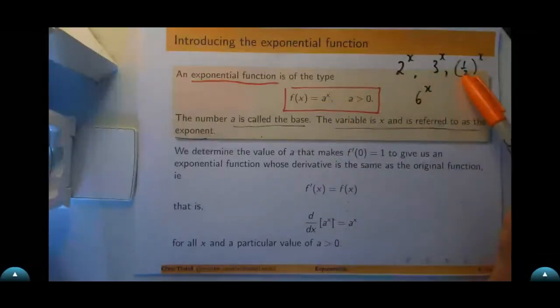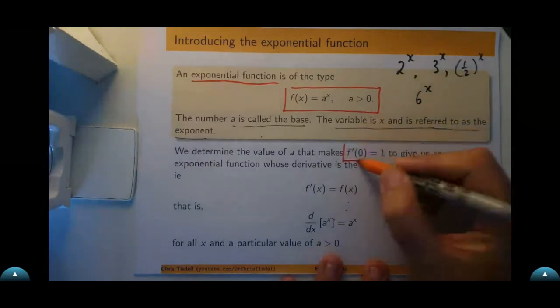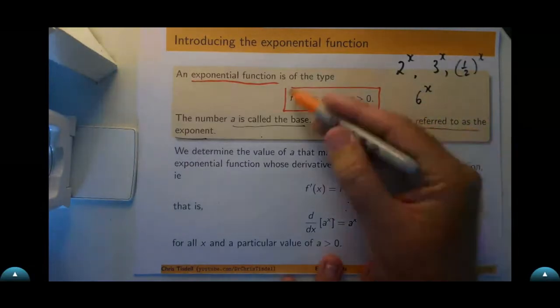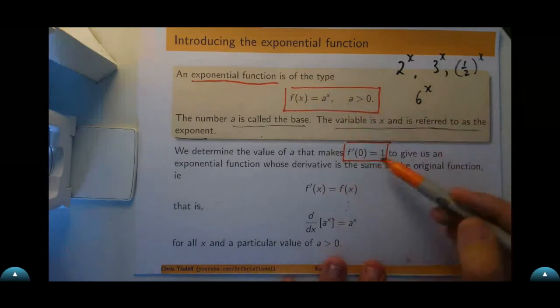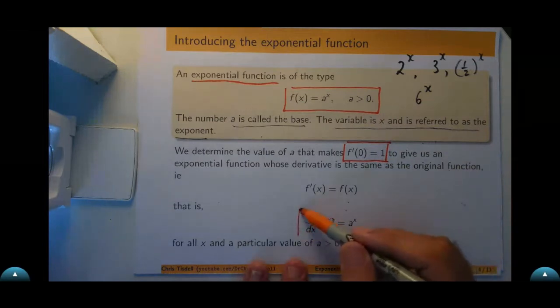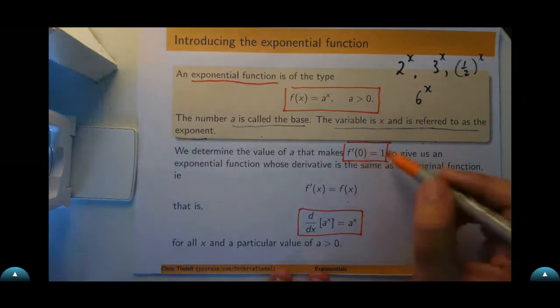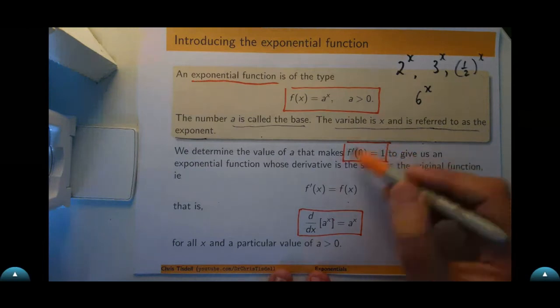Not 2, not 3, not 1/2, not 6, such that the derivative of this function at x equals 0 is 1. So we're going to try to determine a value for the base such that when you differentiate it, you just get the same function.